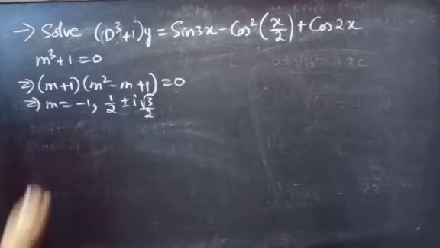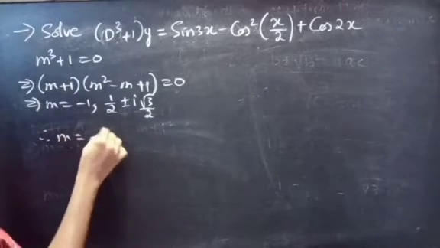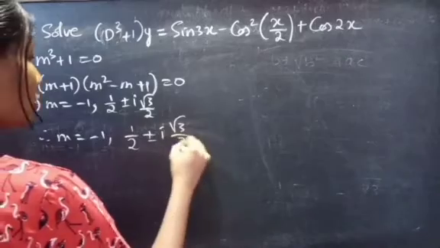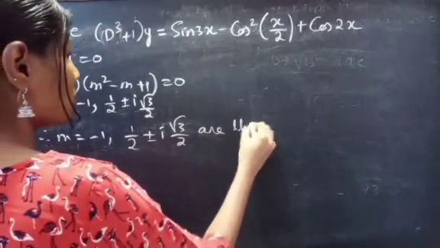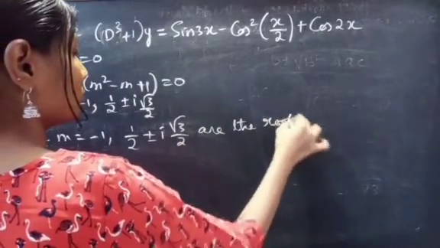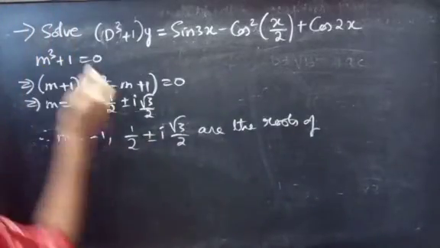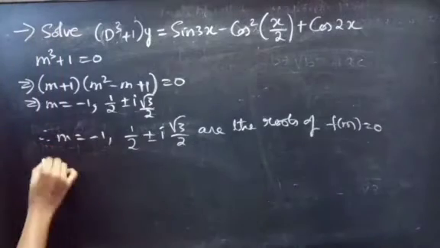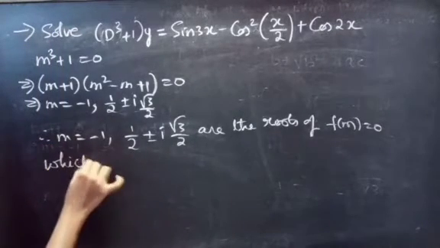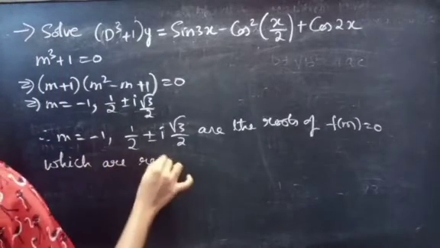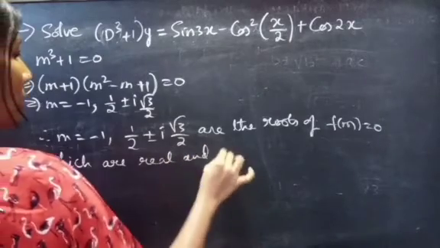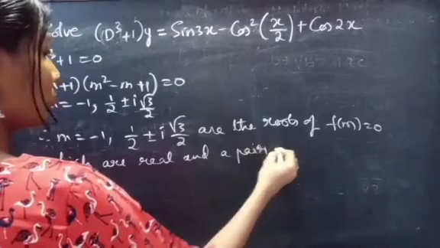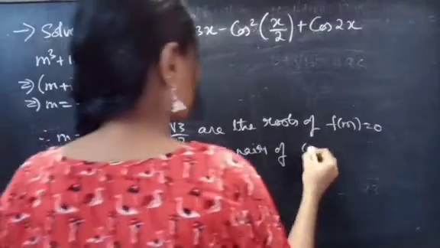Therefore, m equals to minus 1 and 1 by 2 plus or minus i root 3 by 2 are the roots of our auxiliary equation, which are real and a pair of complex conjugates.